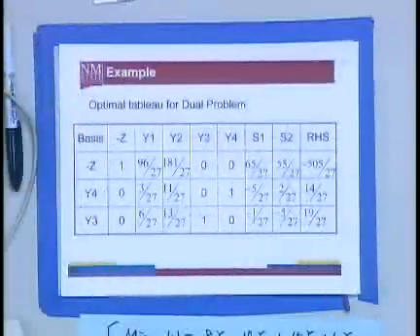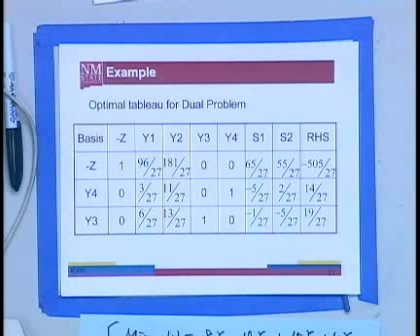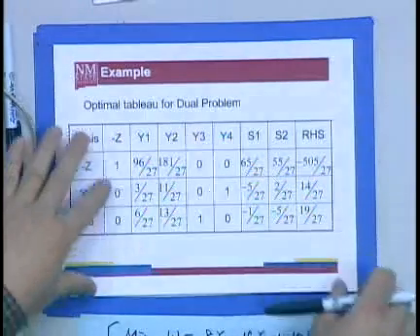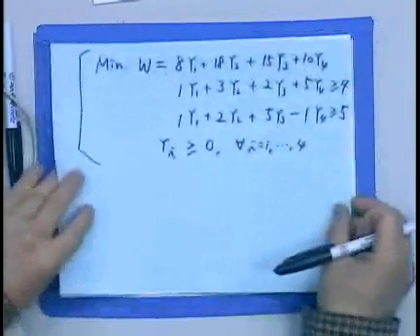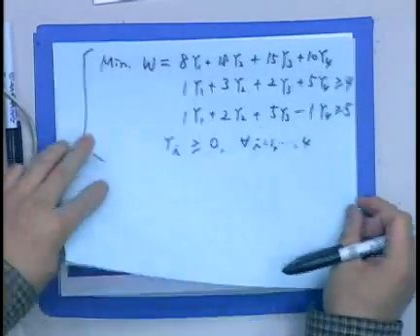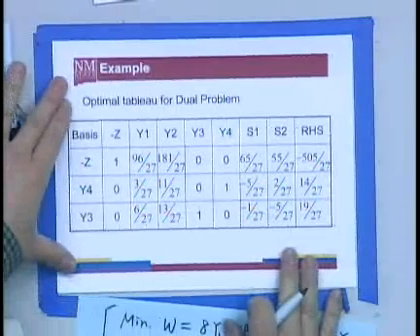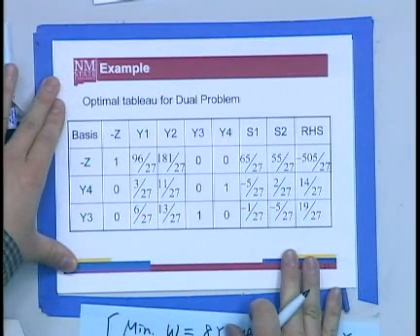And this is the optimal simplex table for the dual problem.